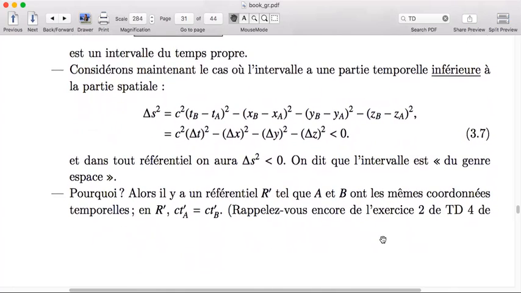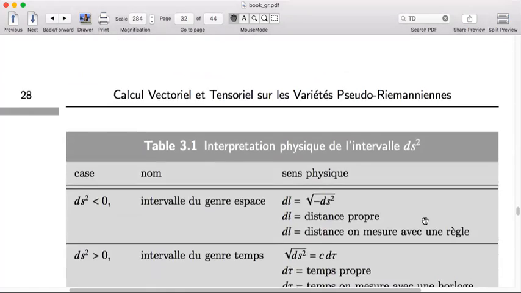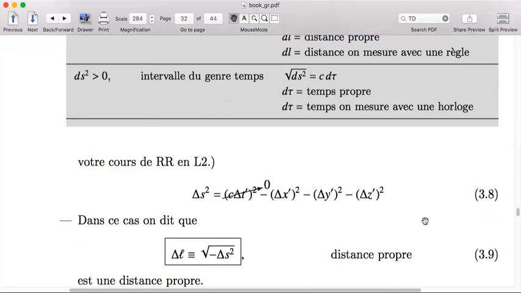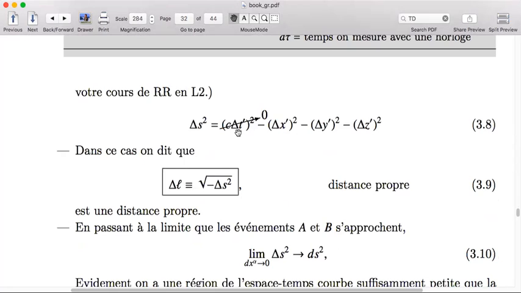And we also showed this in this TD from last year. We found a reference frame in which the temporal interval or increment vanished. And so then what we do to make sense of this equation and avoid complex numbers is we just multiply both sides by -1, and then we have positive quantities on the left and on the right, right?